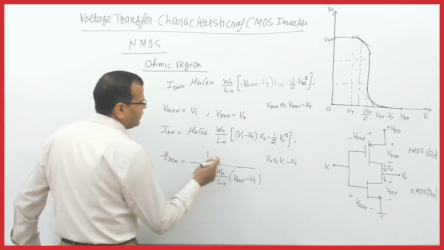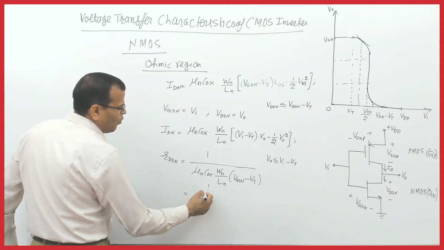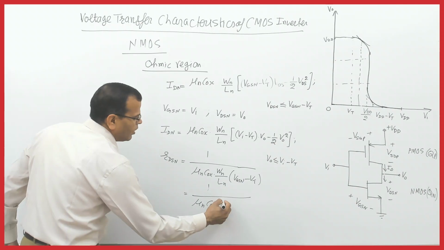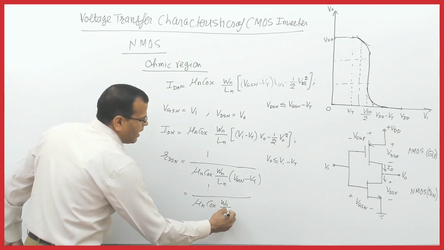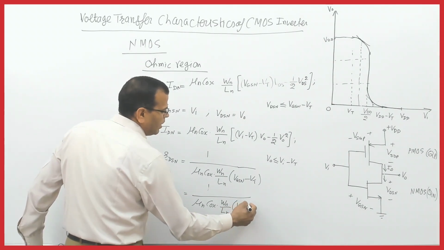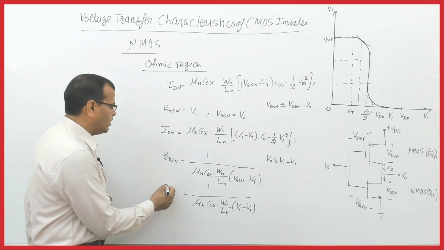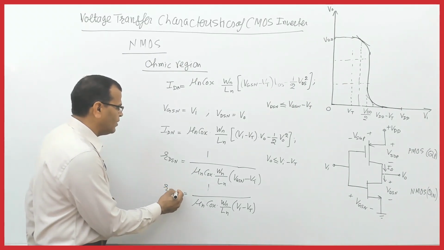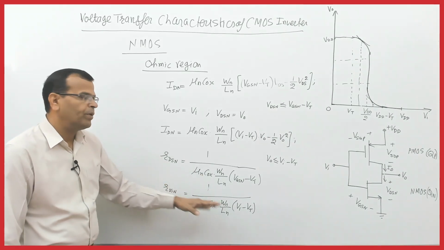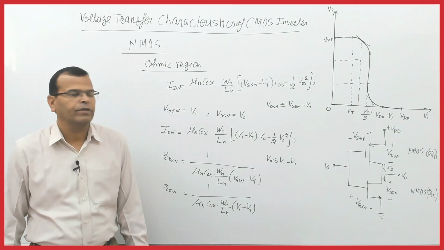And you know what VGSN is? That is this relation. So this is equal to 1 by mu n C naught x into Wn by Ln into (Vi minus threshold voltage). So I get the drain to source resistance of NMOS when it operates in ohmic region, and that in terms of what? Input voltage. Fine.